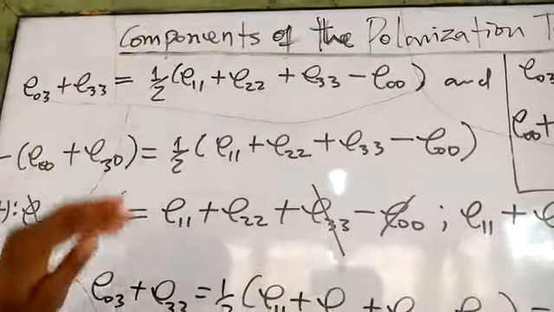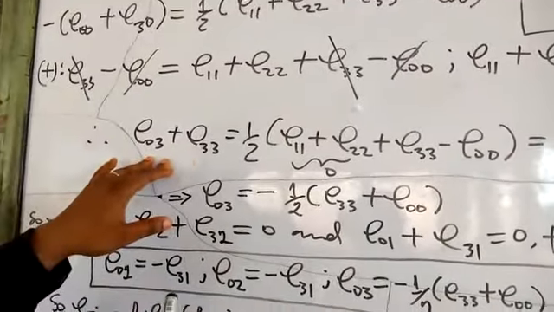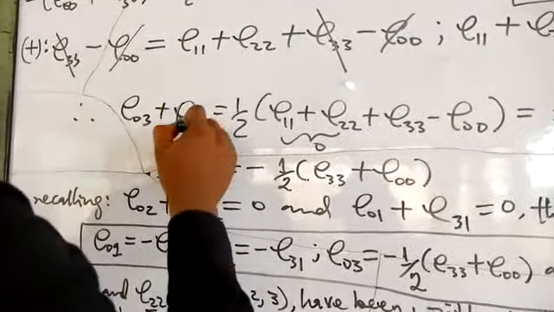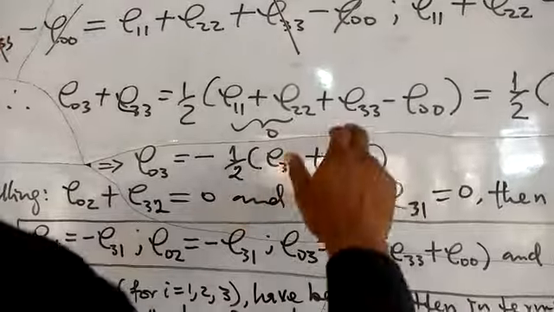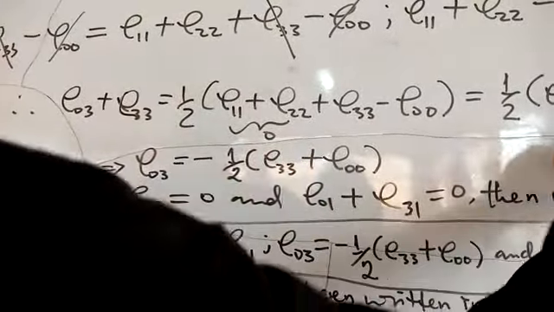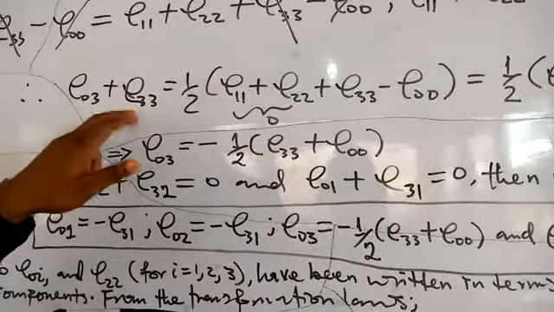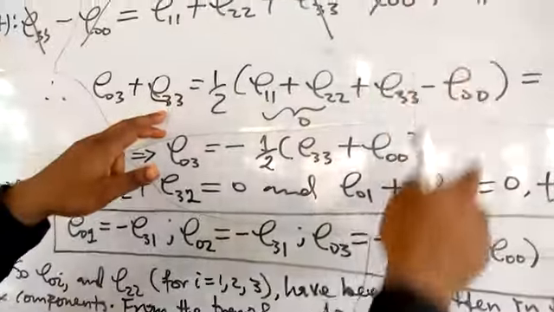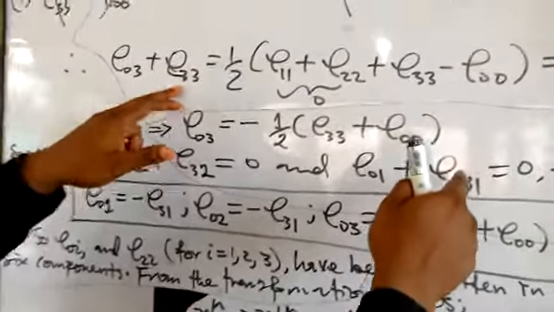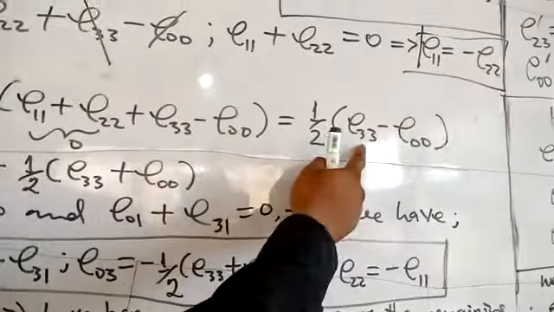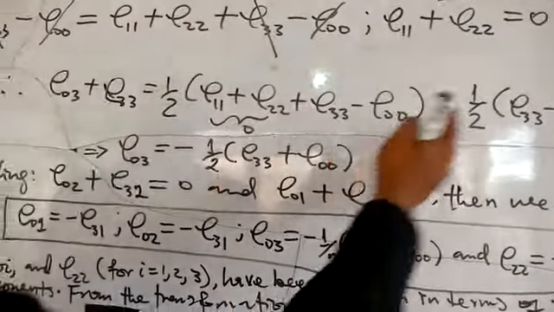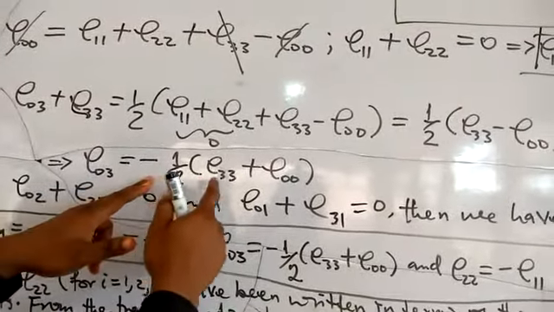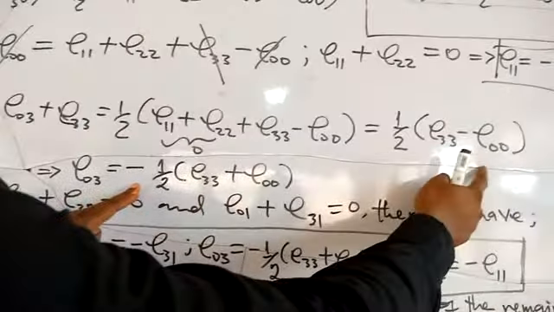And so I'll be left with E sub 0, 3 plus E sub 3, 3 equal to just these last two terms here. So half of them. And if I move this 1 to the other side, it would take a minus 1. So half of this minus 1 of those gives me a minus sign. So the minus sign now is a property for both terms in that expression.